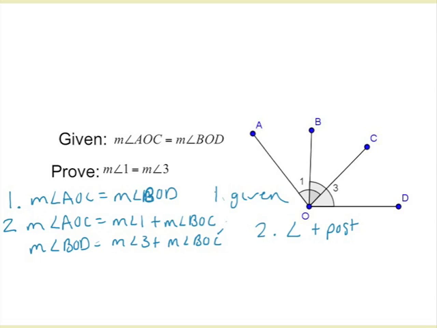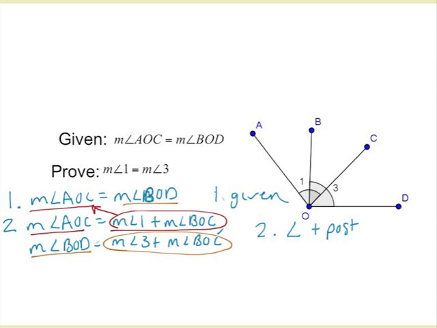So now what we're going to do is say, well, we're kind of repeating ourselves a little bit here. We talked about AOC, we talk about AOC again, so we're going to take its new name and replace it. And likewise, we talked about BOD, we talked about BOD again. We're going to take that and replace it. So what we're going to do in step 3 is rewrite step 1, except we're going to use the step 2 names.